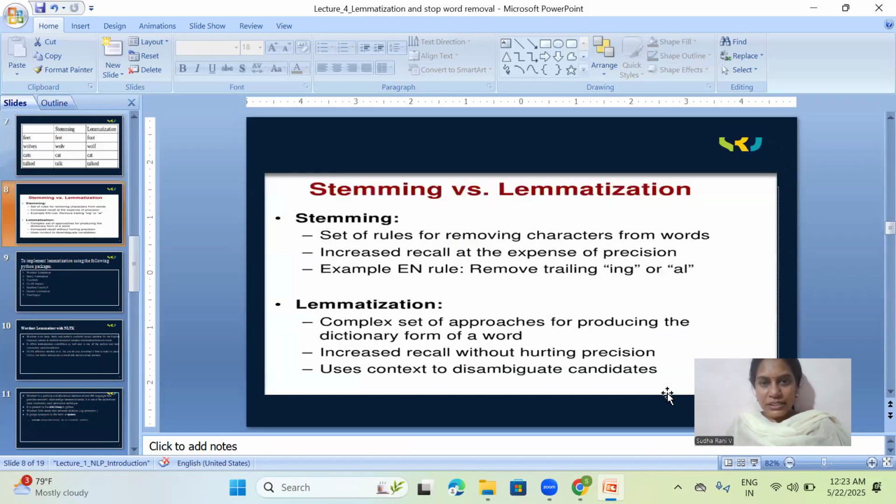In today's class we discussed what stemming is, what lemmatization is, and the difference between stemming and lemmatization.